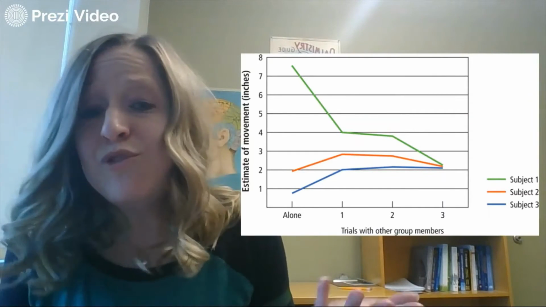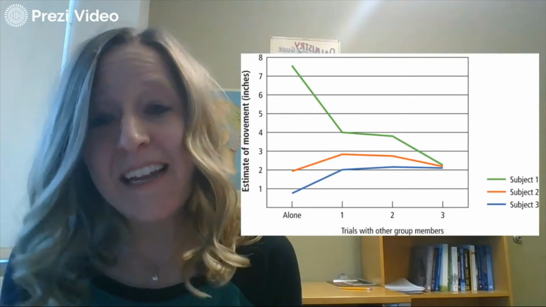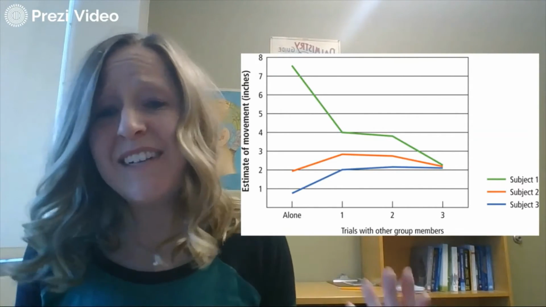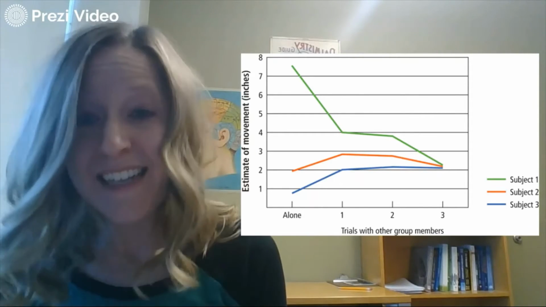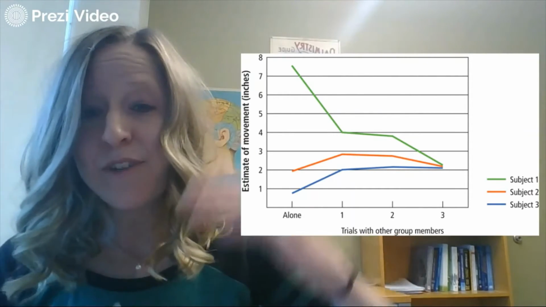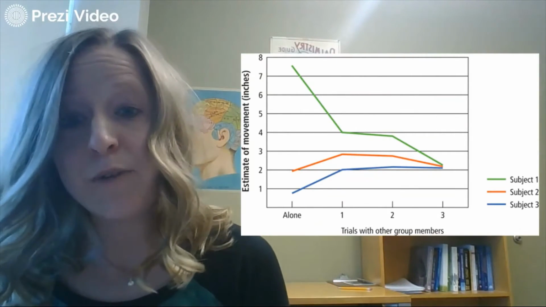Subjectively, some people just thought it was moving quite a bit, almost 8 inches, whereas some people felt that it was only moving a little bit, less than an inch. And so we see this great deal of variability in people's subjective estimates in the alone condition.